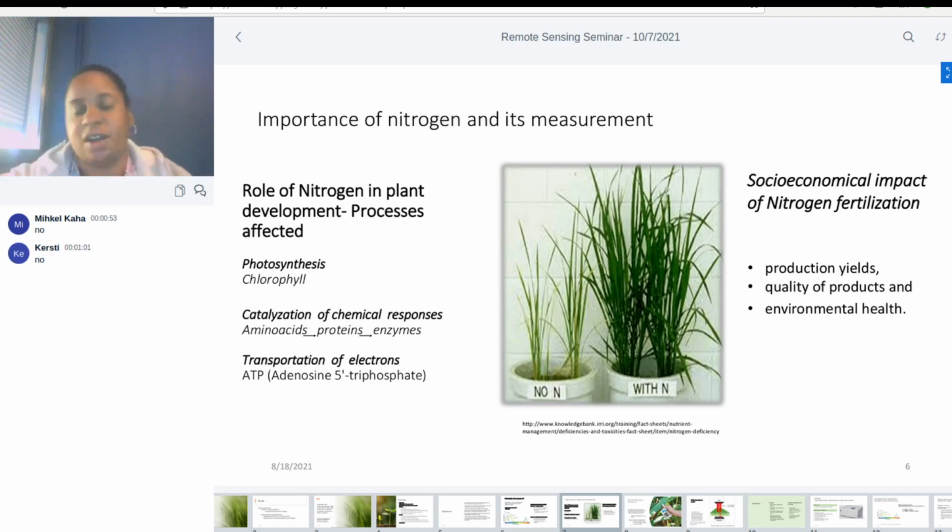From the measurement of chlorophyll, we can also get an approximation of the nitrogen content present in the plants.